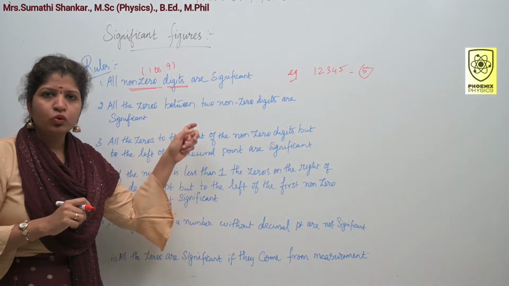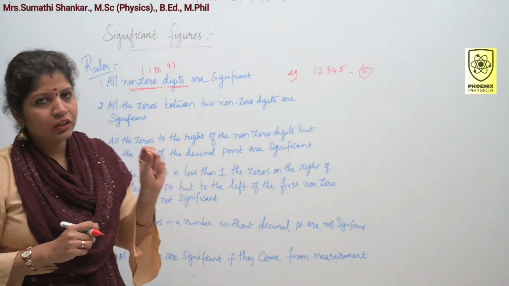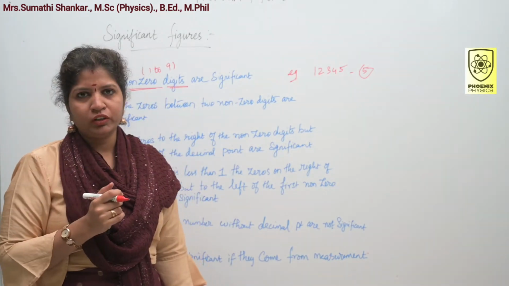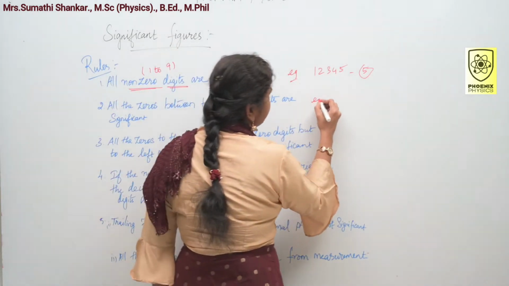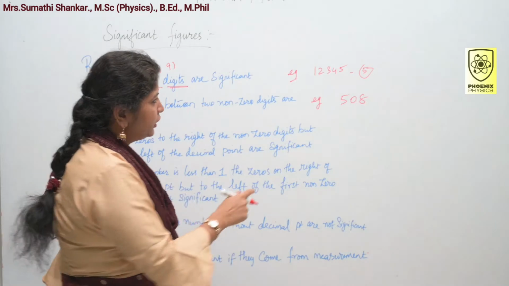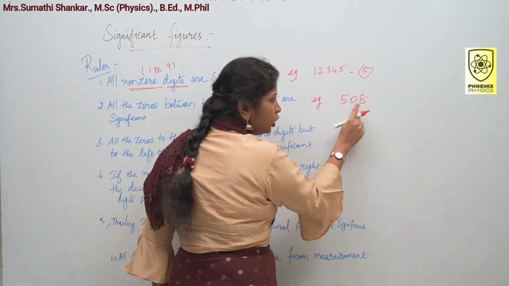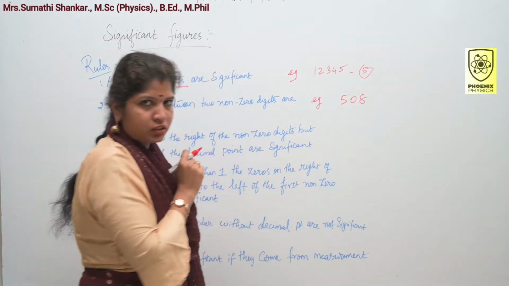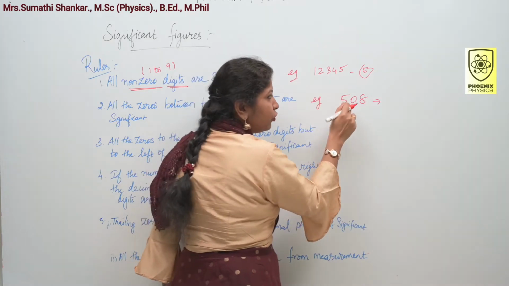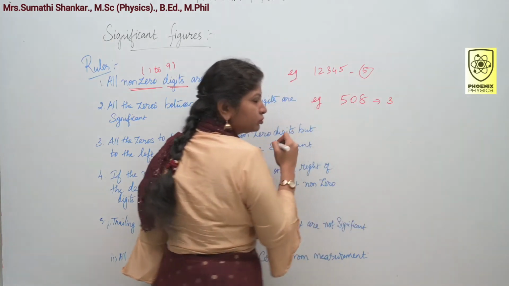Rule number 2, all the zeros between two non-zero digits are significant no matter where the decimal point is. For example, here 508. Look at this number. This is one non-zero digit. This zero lies between two non-zero digits. Now tell me what is the significant figure for this number? That is 1, 2, 3. Just count and write.